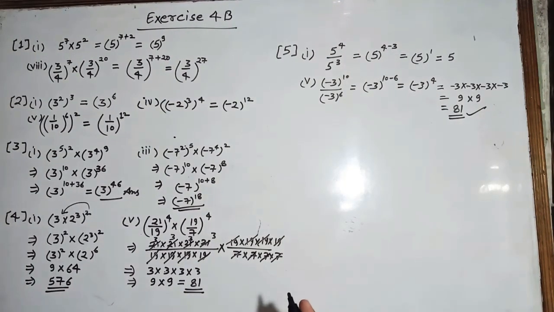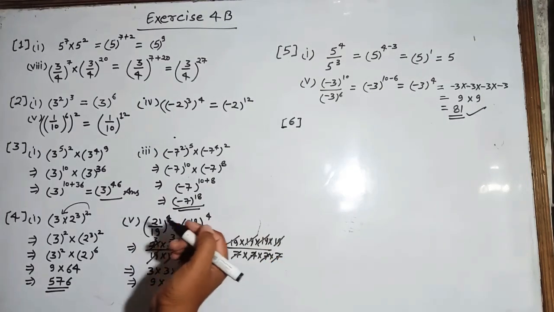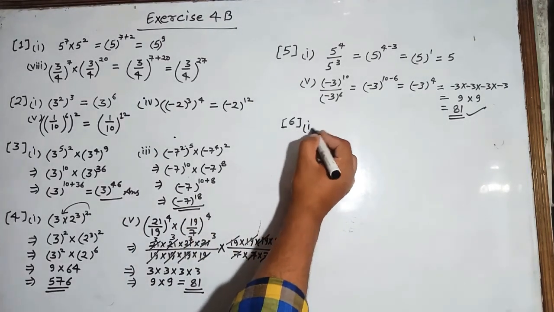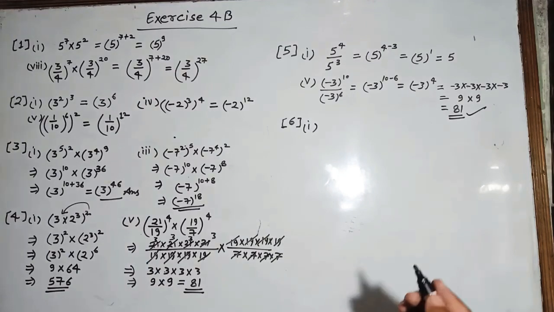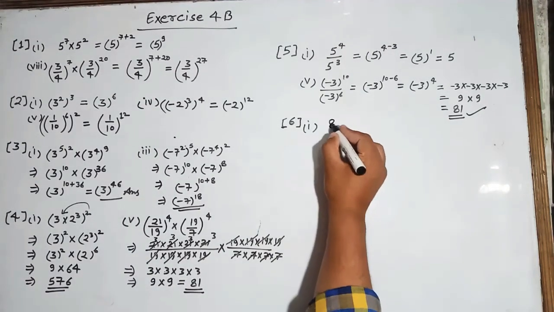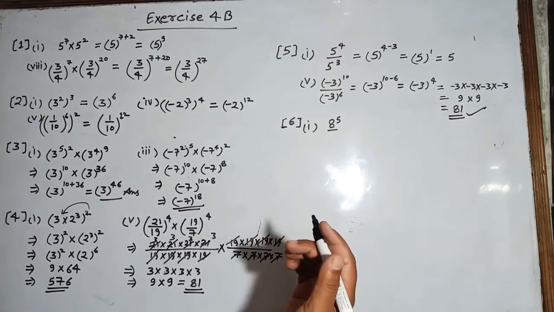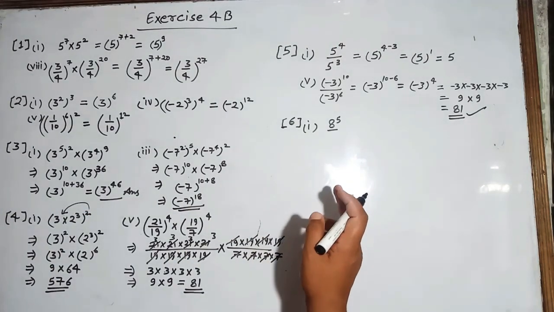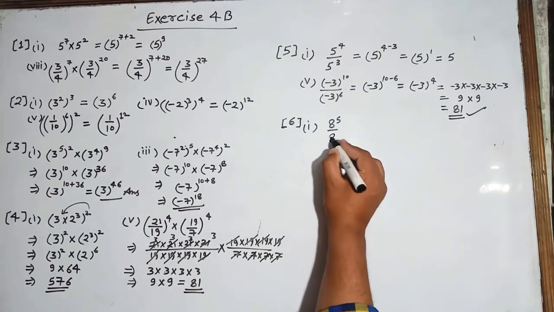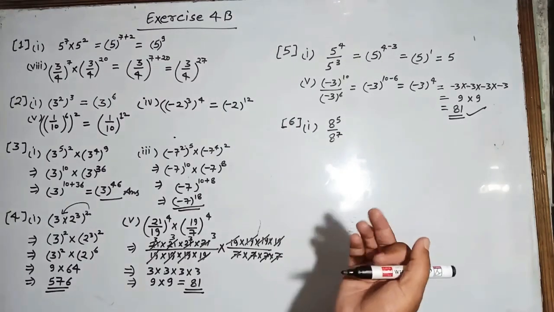Now question number 6, first part, is 8 to the power 5 upon 8 to the power 7. So we have to simplify it.